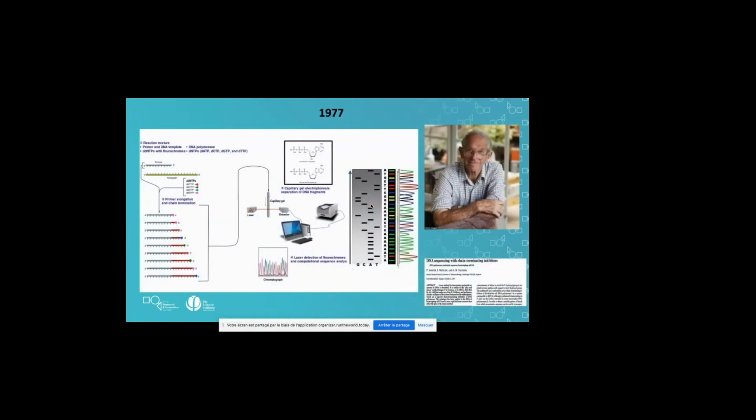This technique was developed by Sanger, here shown in the photo, and is based on the differential termination of the DNA fragments by incorporating modified nucleotides that inhibit the prolongation of DNA synthesis, and these nucleotides are labeled either by radioactivity first, when the technique first started, or by fluorescence, which is used nowadays.